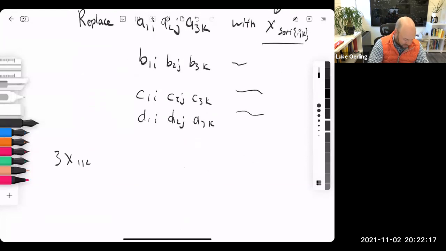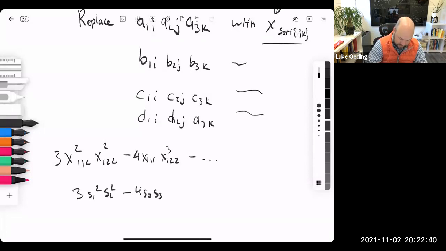I get rid of superfluous coefficients also. You can divide by a global constant if you like. Etc. And then, maybe you've seen this before, is 3s1 squared s2 squared minus 4s0 s3 s2 cubed minus 4s1. If I just count the number of 2's.